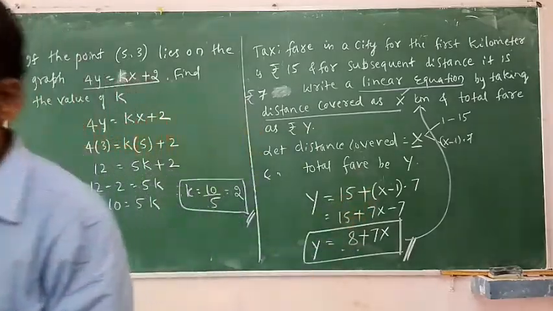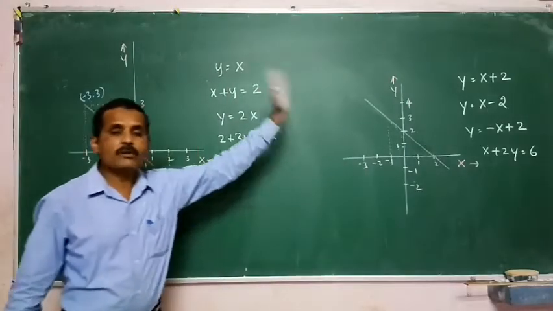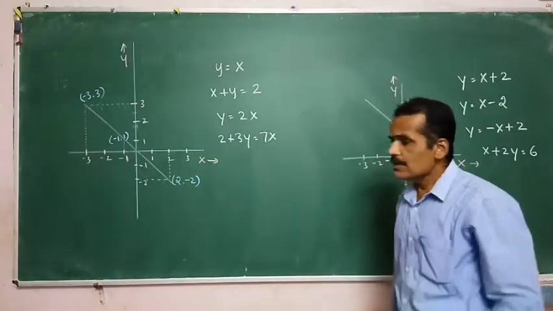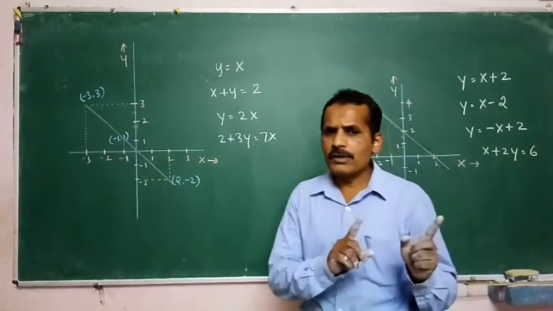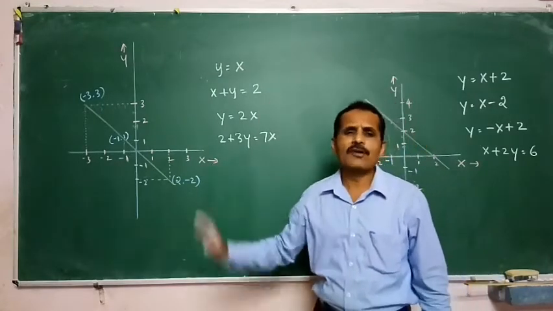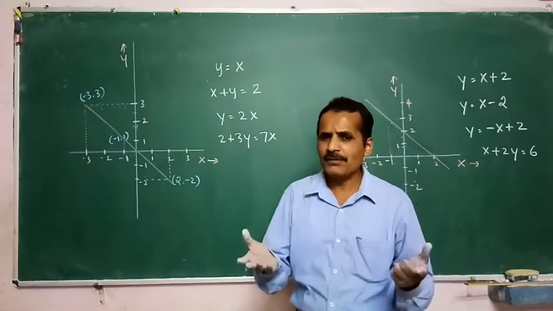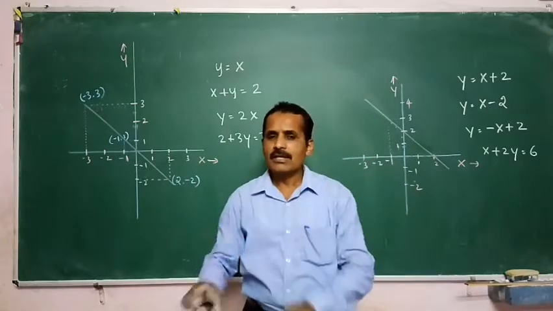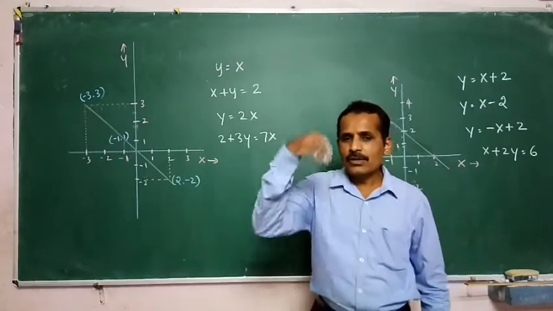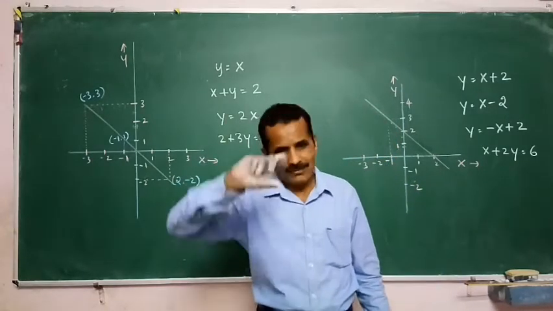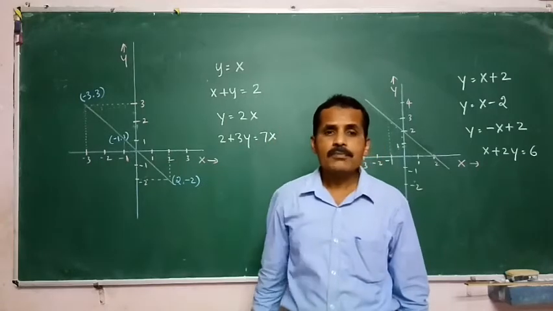My dear children, this is one more problem related to graphs. In my earlier problem, I gave you the equation and told you to solve it graphically. You converted that equation to y equal to something, drew a table, gave different values for x, and got the corresponding values of y, which are the coordinates.